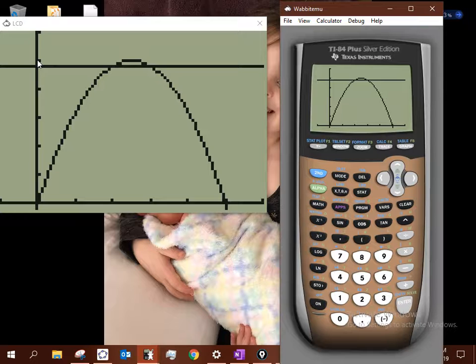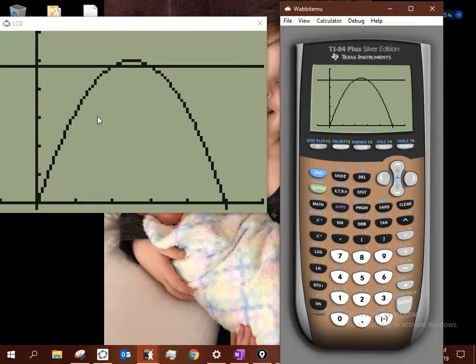It might take you a couple times to mess around with that. You might change your window and think, okay, that's what I want, and then graph it, and your vertex or something still doesn't show up. And then you got to go back to your window, readjust, go to graph, see if it shows up, and kind of maybe bounce back and forth between that process over and over again.